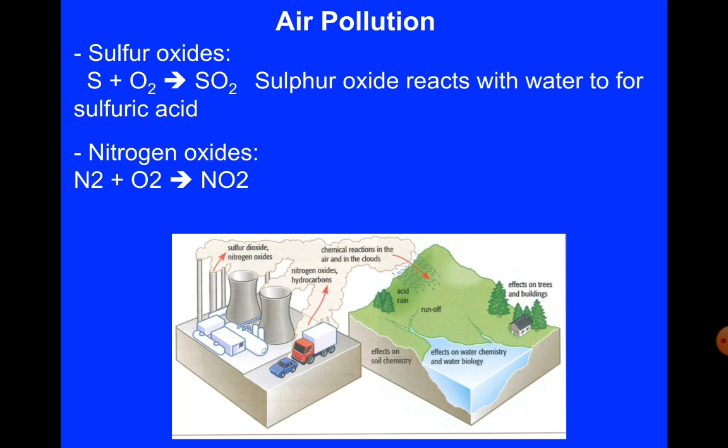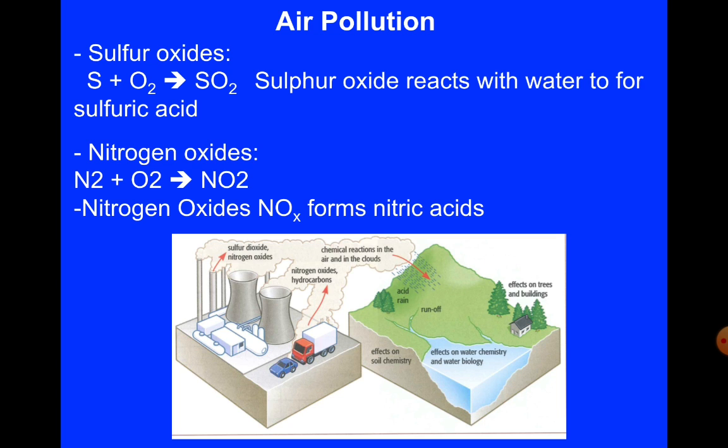Nitrogen plus oxygen makes nitrogen oxide, and again mix with water and we form nitric acids. Where does it come from? It comes from burning fossil fuels from the car, in factories where they use fossil fuels. Things that we can reduce is actually by taking out the sulfur from the fossil fuels.